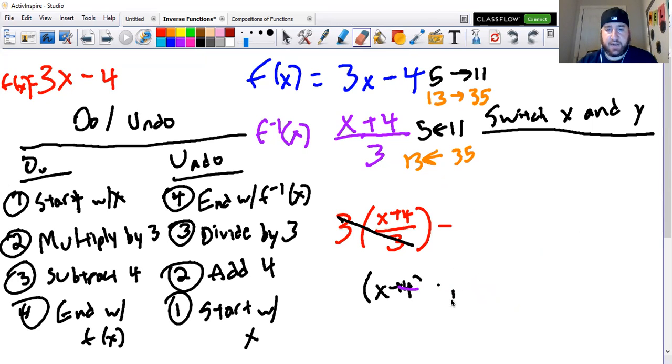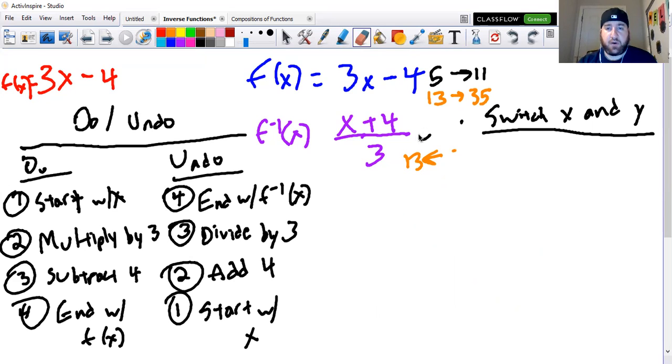Again, I'm going to erase that because I need a little more room. If you want to write that down, that's not something I'm necessarily going to test you on, but it's proving to you what we're doing. The functions cancel each other out to leave us with whatever our original x is.